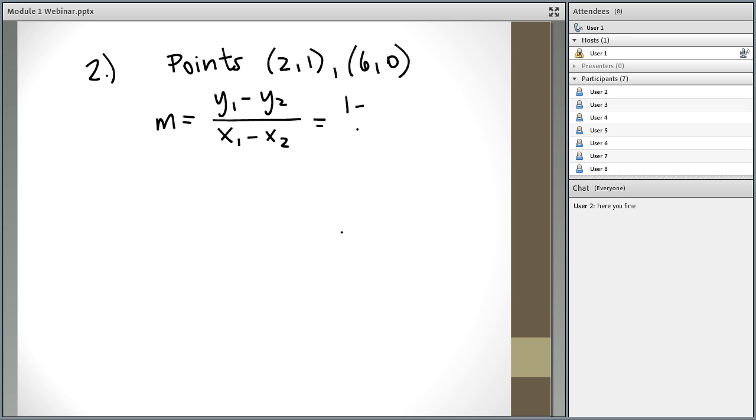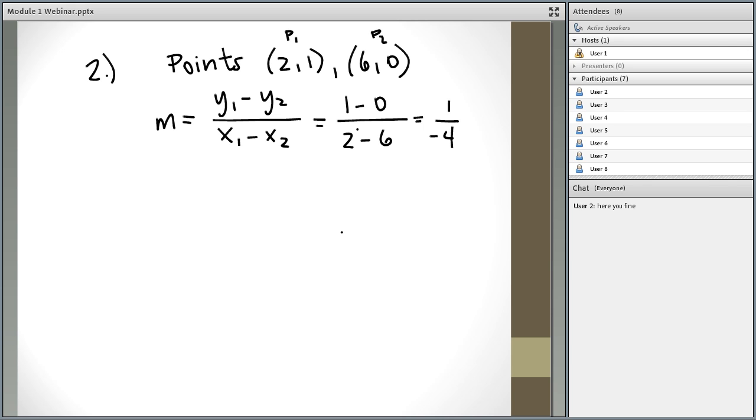So we would have 1 minus 0 over 2 minus 6. And again, that's if I'm calling this point 1 and this point 2. So then I have 1 over negative 4, which is just negative 1/4.